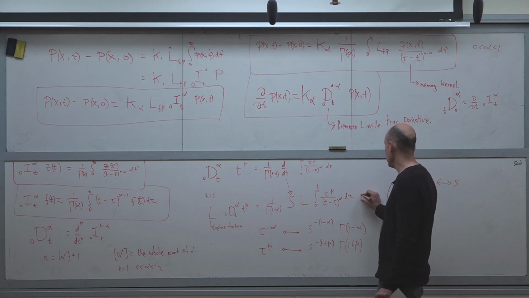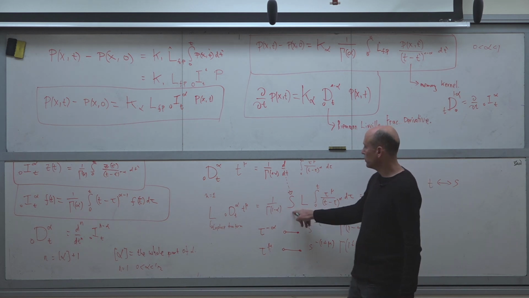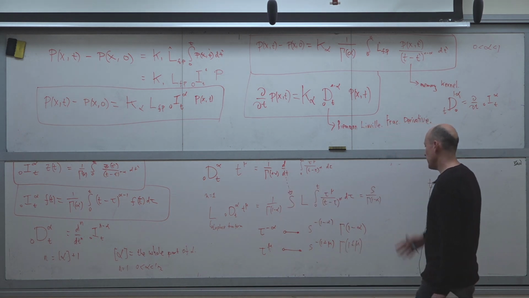So this guy, I can write it down now as gamma (1 minus alpha) times s. This was from the derivative. And then I just need to copy.